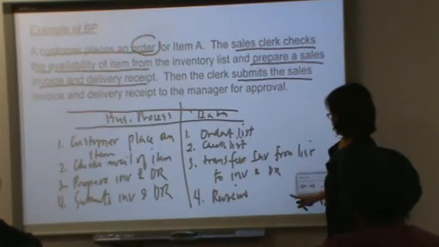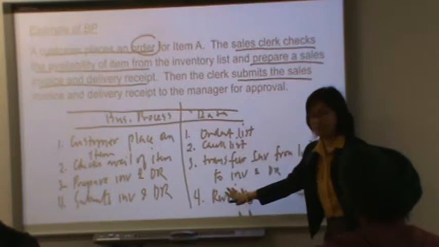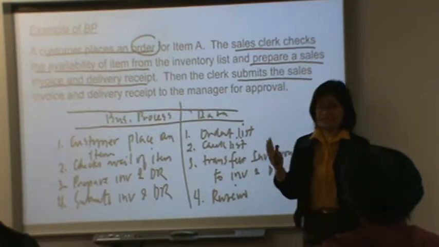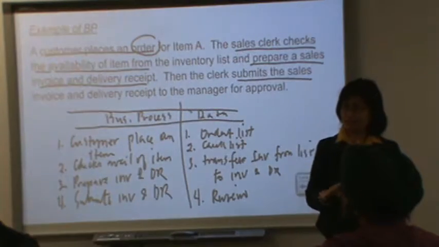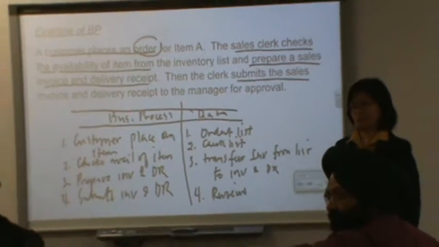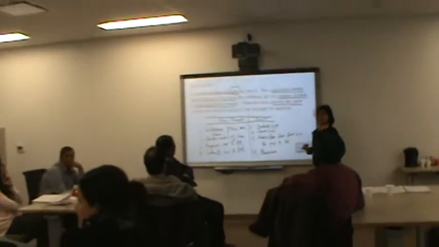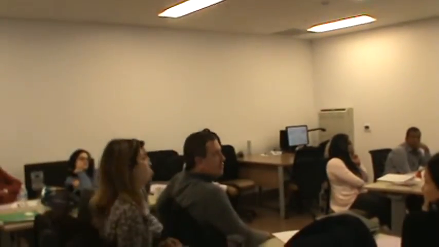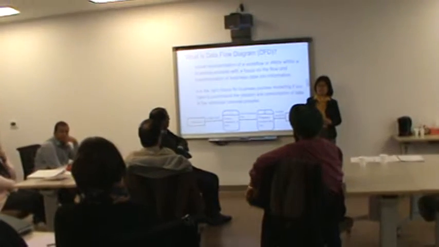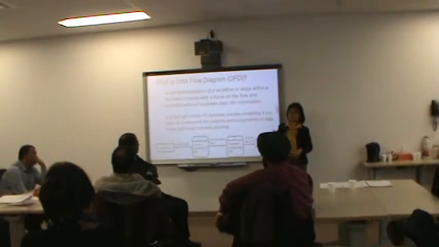Now, if it is a visual representation, it's easier to read. It's easier to follow, right? Mary, what do you mean by visual? For example, a graph or something like that? Yes, it's a diagram, so it's visual, because this is textual. If it is a diagram, then it is visual. So we call that DFD or data flow diagram.